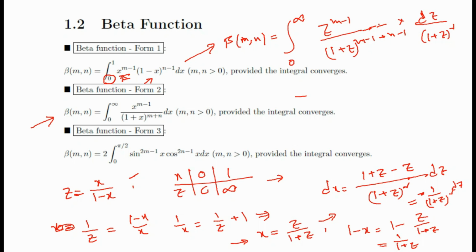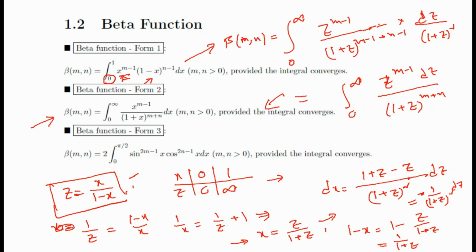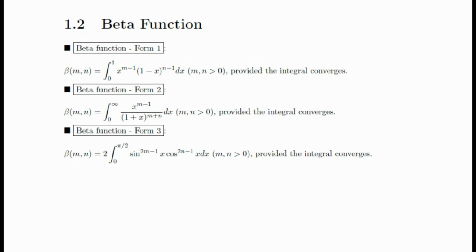And after a slight calculation, we will get 0 to infinity z power m minus 1 dz by 1 plus z power m plus n. And this is from form 1 to form 2. We need to use that transformation.